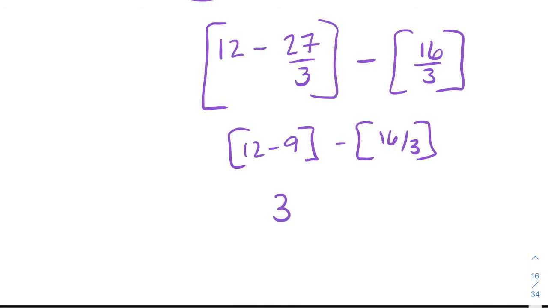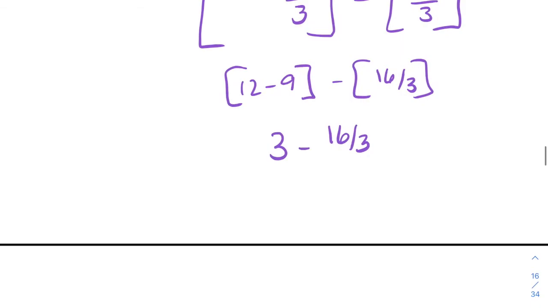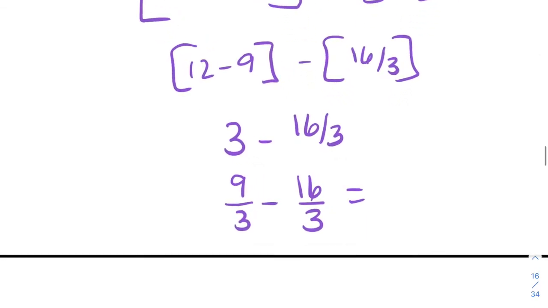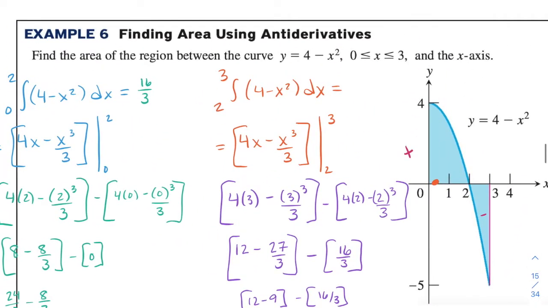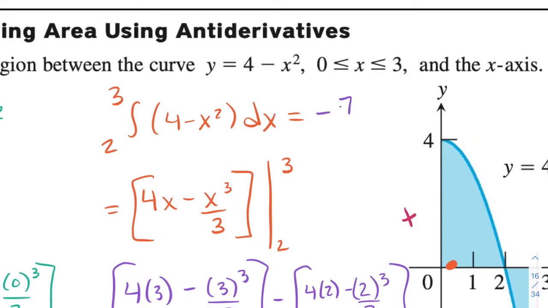So we get 3 minus 16 thirds. And I'm going to call that 9 thirds, take away 16 thirds, which is 9 minus 16. Whoops. 9 minus 16, and you get negative 7, right? Not negative 5, no, negative 7. So negative 7 thirds. So this result is negative 7 thirds.